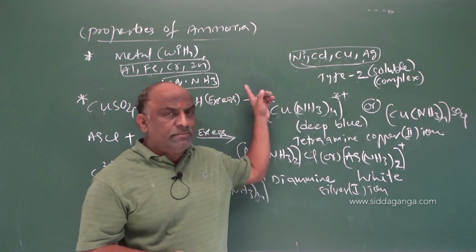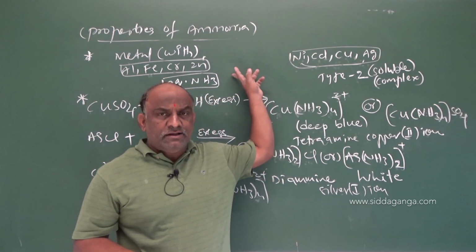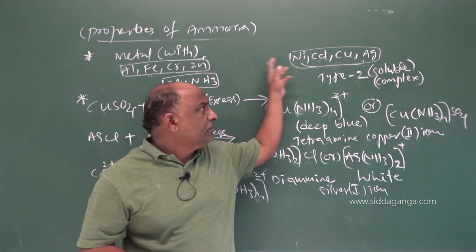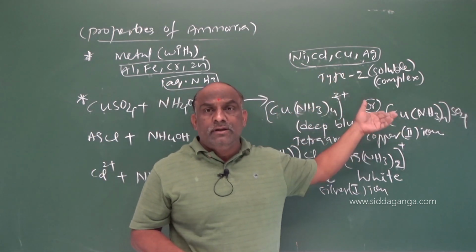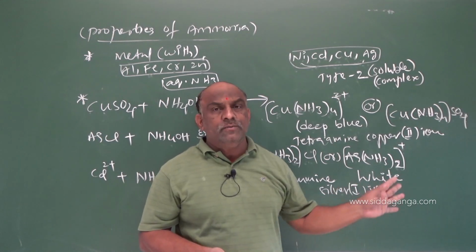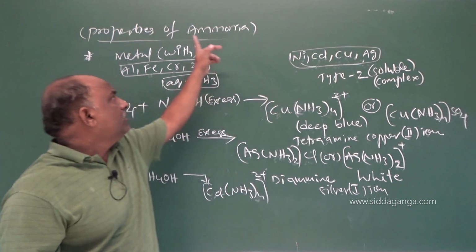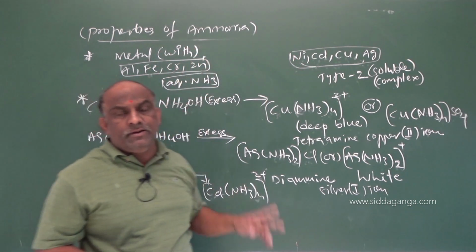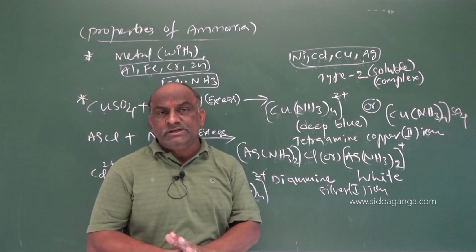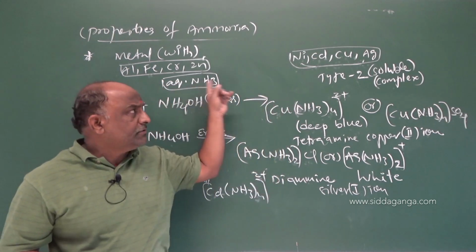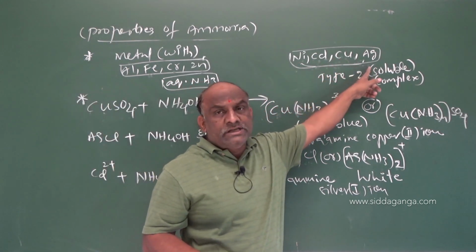This ammonia also reacts with metals. Some metals give insoluble precipitates, some give soluble colored compounds. Among the soluble colored, make a note: copper and silver are very important. Among the insoluble, iron and chromium colors are very important. Chromium green precipitate, iron brown precipitate, copper deep blue color, silver white color.